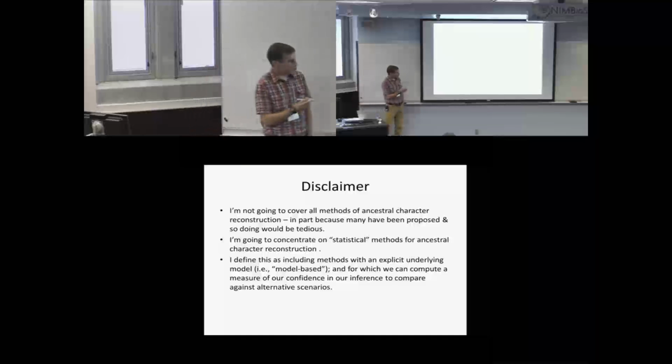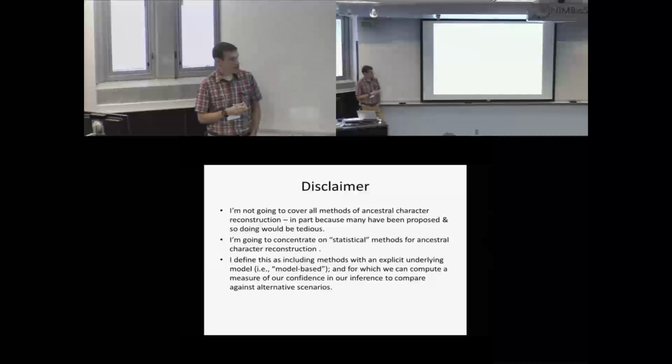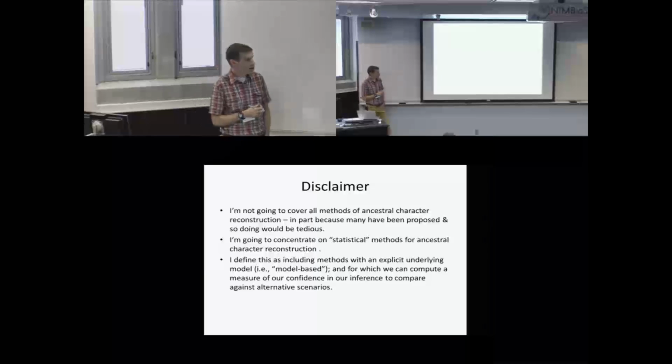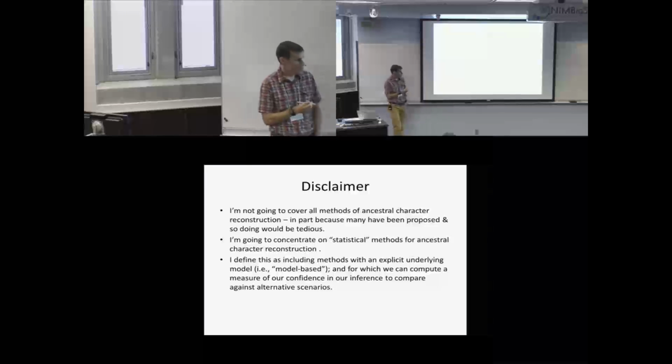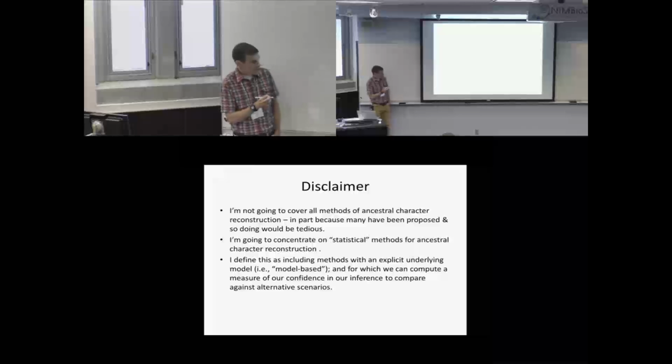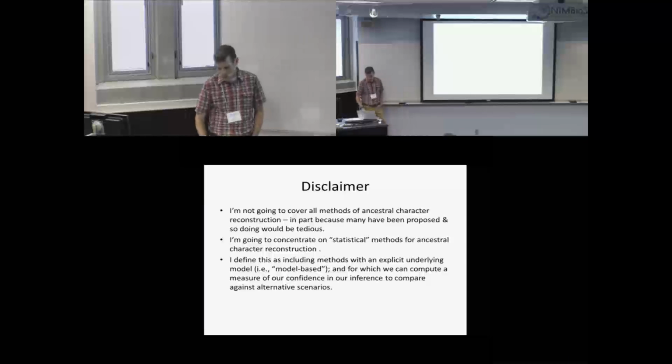And for which we can also compute a measure of the confidence that we have in the values that we've inferred for ancestral nodes in the phylogeny. Okay, so that we can theoretically test hypotheses against alternative scenarios for ancestral nodes in the phylogeny.